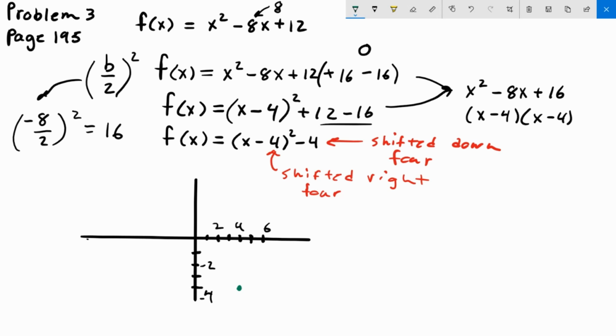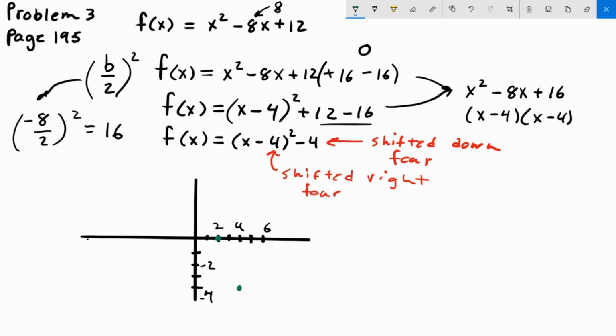And now to graph it the rest of the way, we can find 2 other points and get the general shape. Since this is a quadratic, we know it's a parabola of some sort. So let's see, if I plug a 2 in here, I get negative 2 squared minus 4, which is 0.